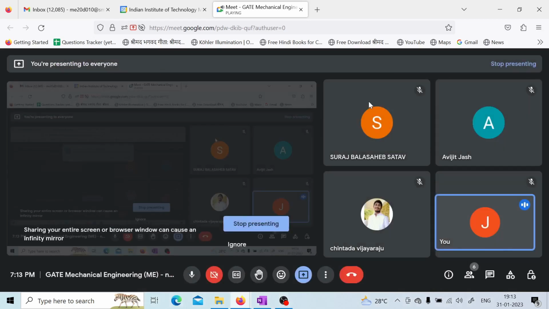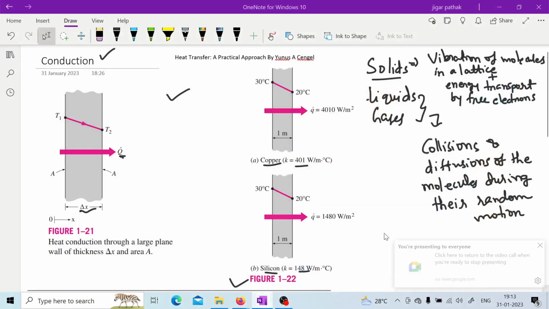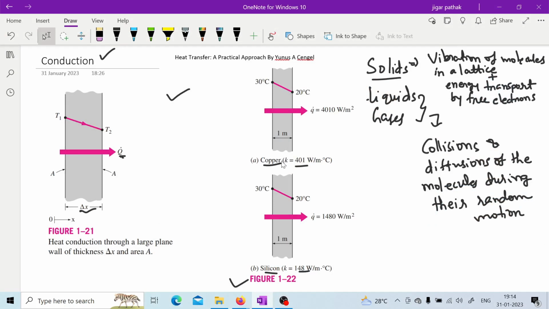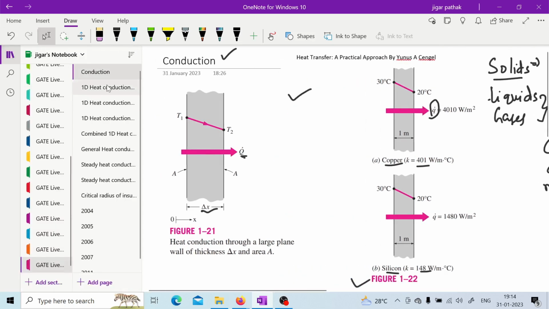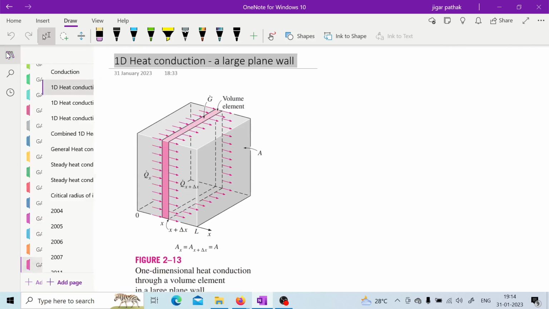If you keep the temperature the same in both cases, and also keep the thickness the same, then the heat transfer rate will be higher in copper, because it has higher thermal conductivity. This is how thermal conductivity shows the capacity of a material to transfer heat through it.